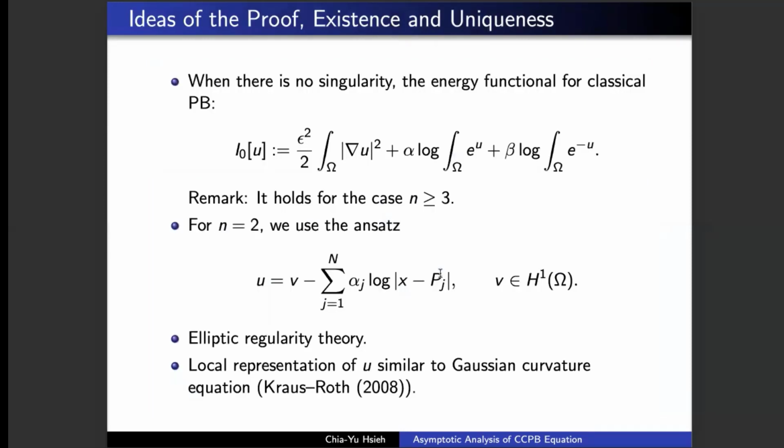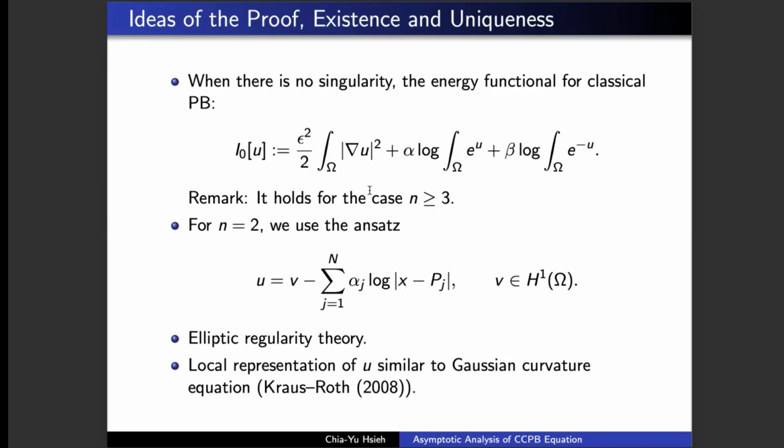Okay, so I'd like to give you some idea of the proof of existence and uniqueness. As I mentioned earlier, the Poisson-Boltzmann model has a variational structure.